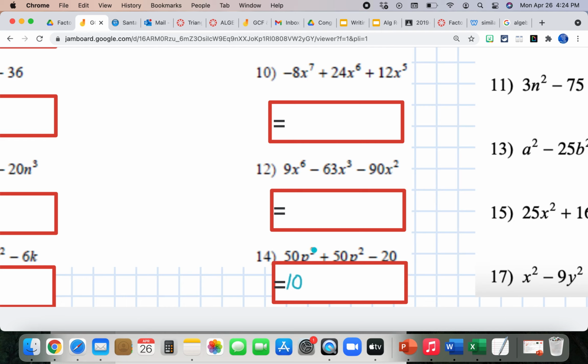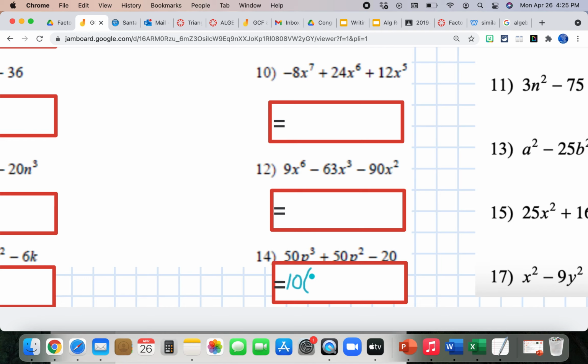So P to the third power, P squared, no P. Okay, so this is P to the 0 power, and that's why we did not write it in, no letter in there. So I cannot get our letter P because this term does not have the letter P in there. So only the number 10 is the common factor, the greatest common factor. And we will see if we are done after we divide out the 10.